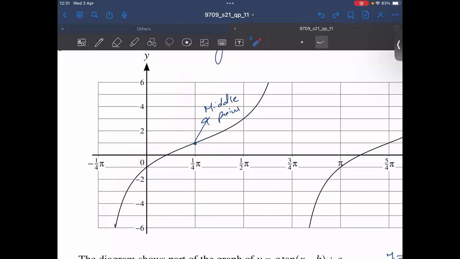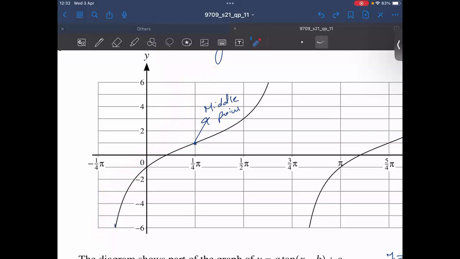So the curve stretches in this direction for values of y that are less than 0, and for values of y greater than 0, it stretches in this direction. So basically the origin is the middle value for the graph of y equals tan x. Is it clear or not, Iman?